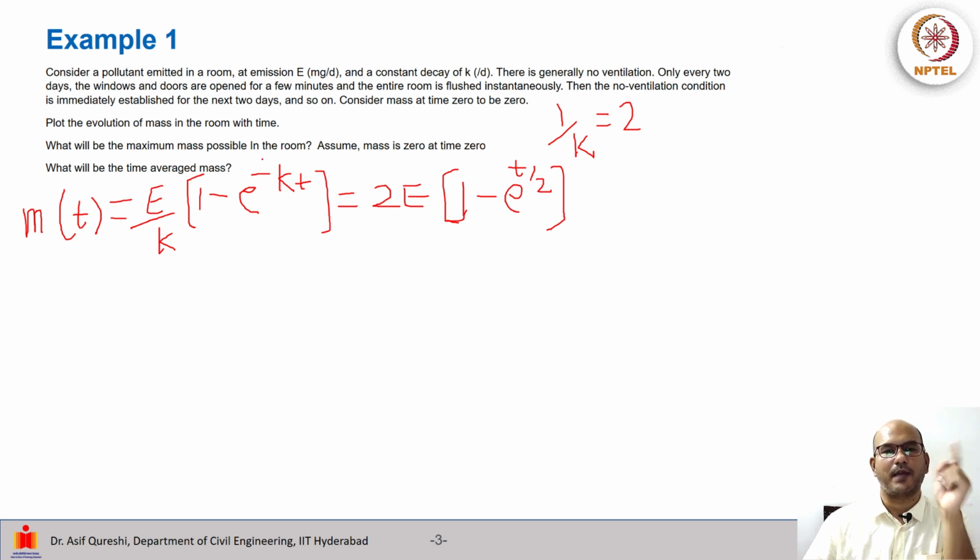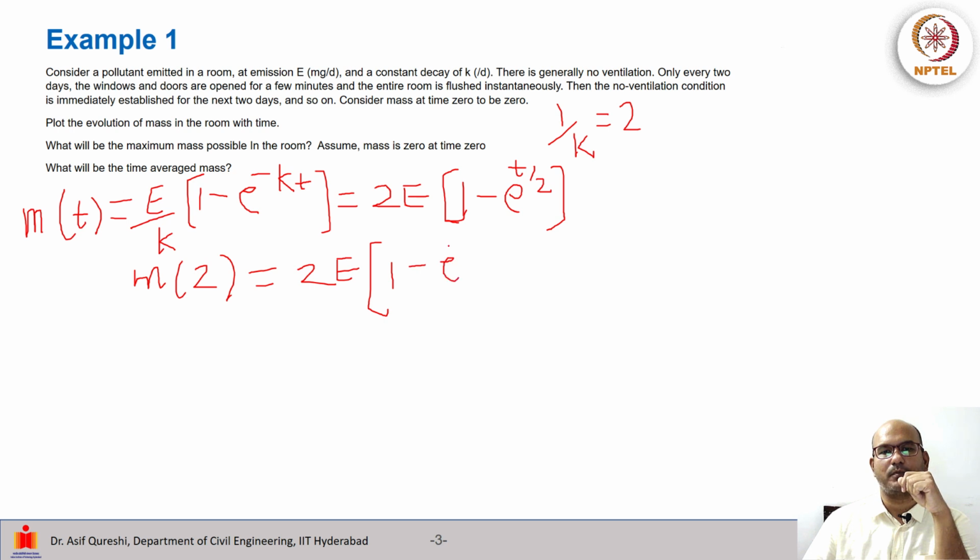So from time 0 to time 2 days there is accumulation, and at time 2 days we reach a mass M at 2, which will be 2E times 1 minus e to power minus 2 by 2.